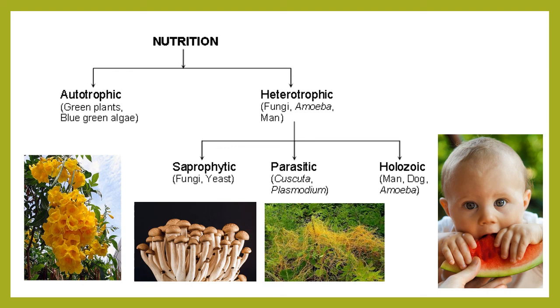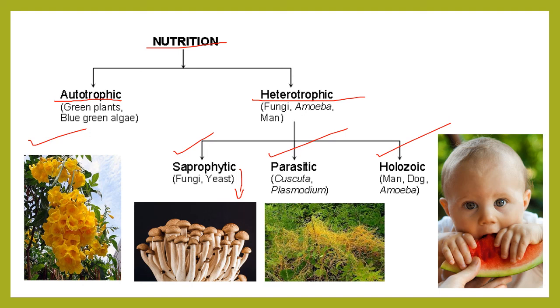So in this session we learned nutrition. There are 2 types of nutrition, autotrophic and heterotrophic. The best example of autotrophic is green plants, and heterotrophic has 3 types: saprophytic, parasitic, and holozoic. Saprophytic means, for example, yeast or fungi.